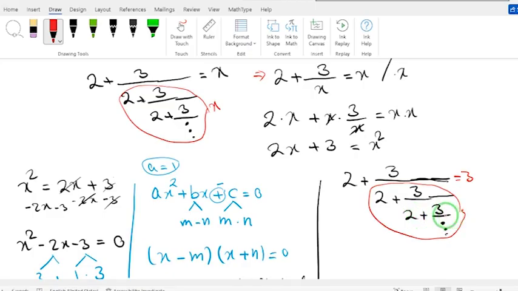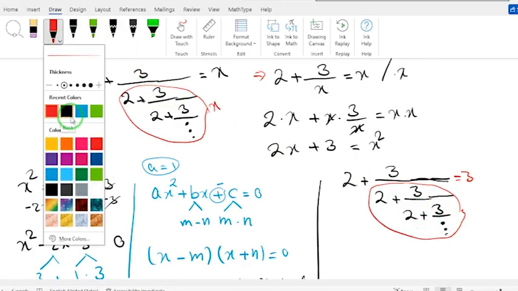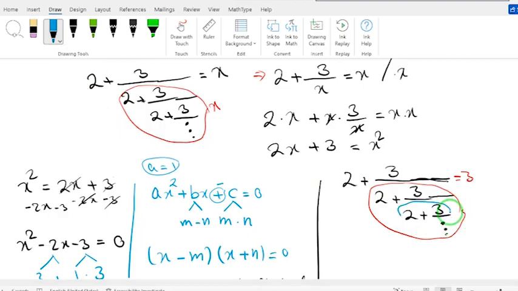And if you put the value 3 in the other part, 3 simplified by 3, 1 plus 2 is 3, then 3 over 3, and 1 plus 2 is 3. So the answer 3 is acceptable.